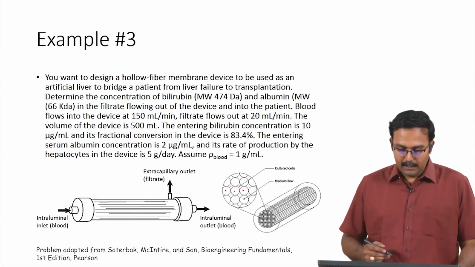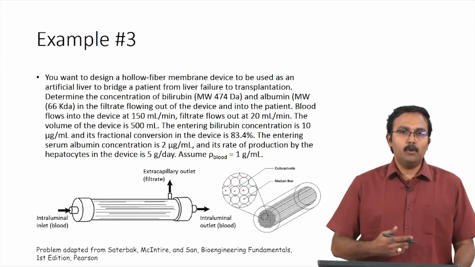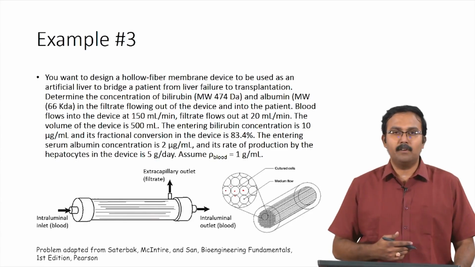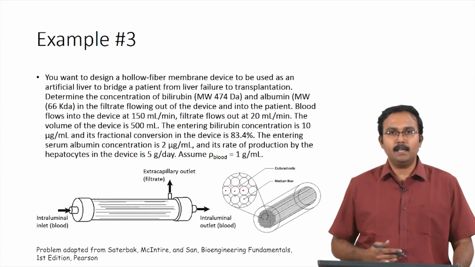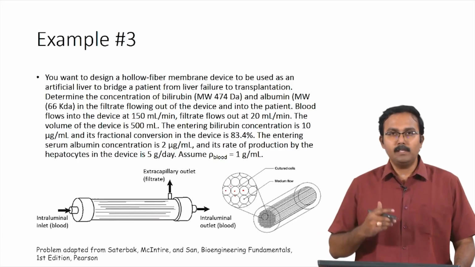So what is being done here is, instead of having your natural liver which would regularly perform this, you are having this device, which is an extracorporeal device. Blood from the patient is taken and allowed to flow through these hollow fiber membranes. It flows into these tubes.